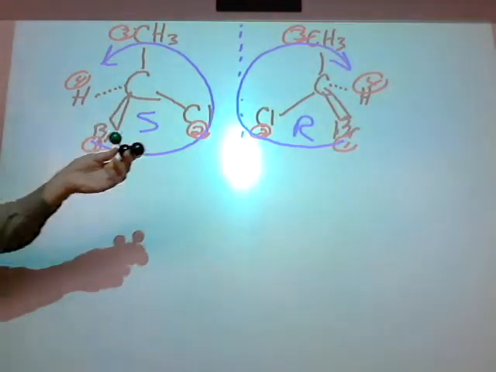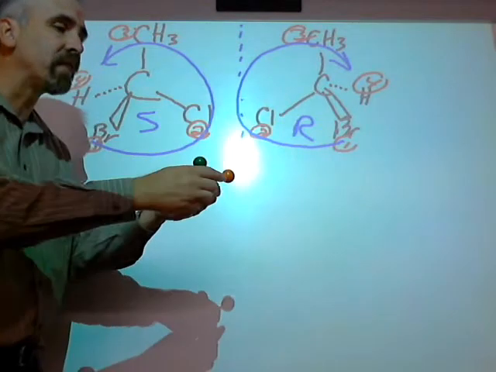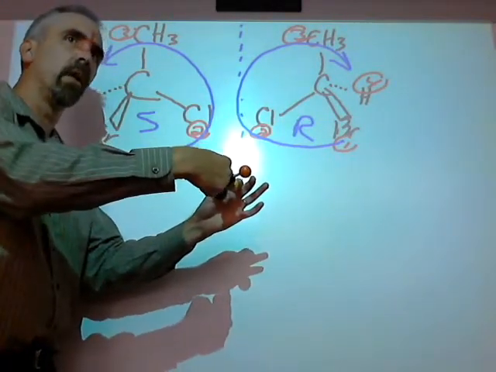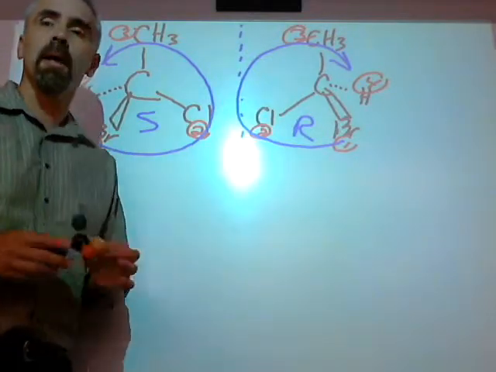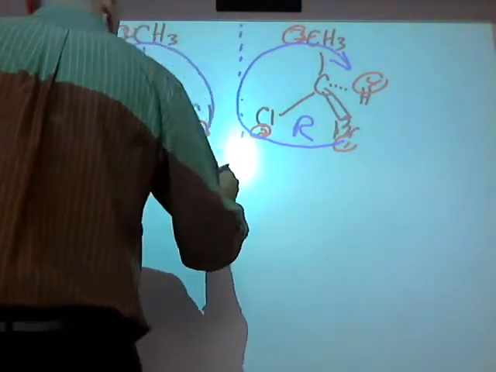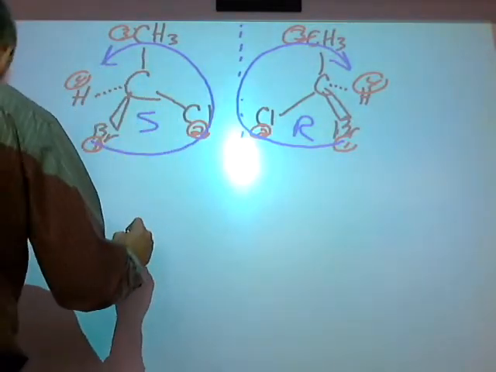Every one of which, before I do the configurations, I've got to rotate it so I'm looking through the molecule. And that's not always going to come out to be perfect. Let me show you with another example. Still using these guys. Watch. Put them down here.